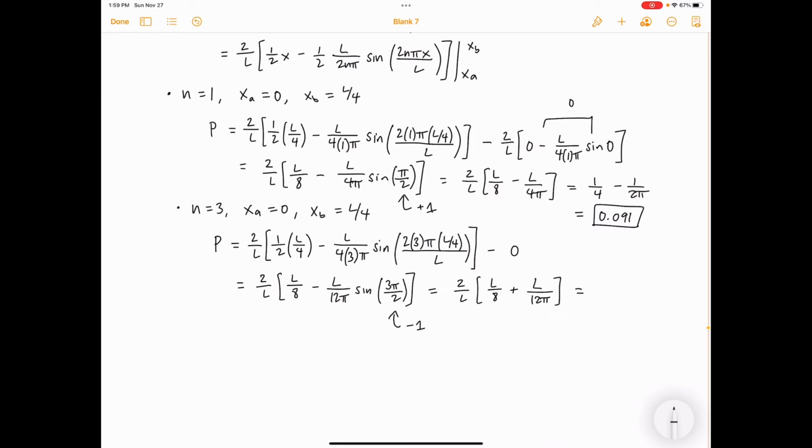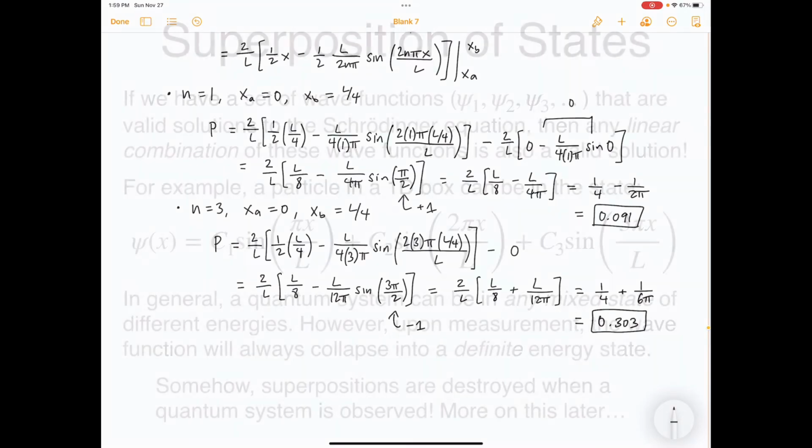So now let's multiply the 2 over L into the brackets. And now we have 1/4 plus 1 over 6 pi. And you can calculate that, and it works out to about 0.303. So in this state, there's about a 30% chance of finding the particle within the first 1/4 of the box. So it works out differently for the 2 different n values.